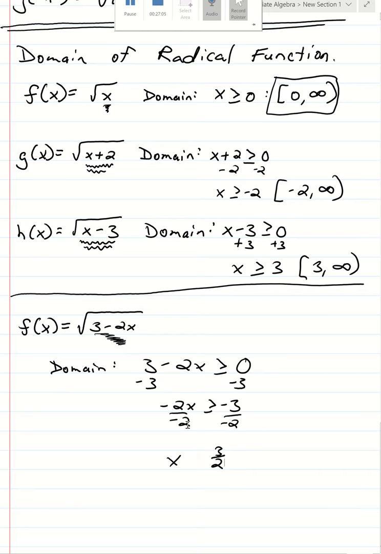We had talked about that if you multiply or divide by a negative number, you have to flip your inequality symbol. So now I have to flip this inequality symbol, in which case x is in fact less than or equal to 3 halves. So the interval notation that we would now use is negative infinity to 3 halves with a bracket.